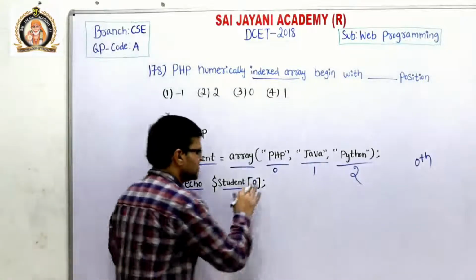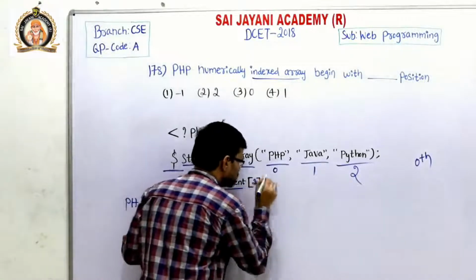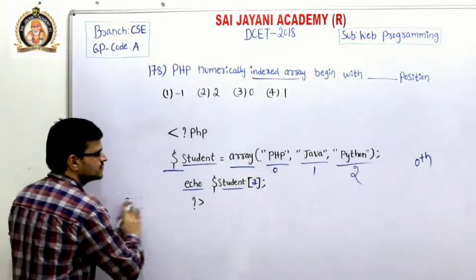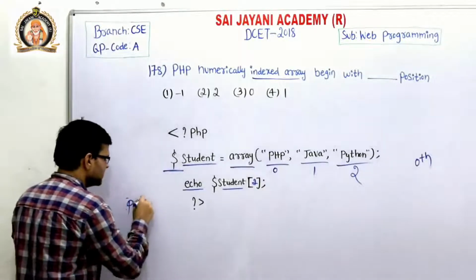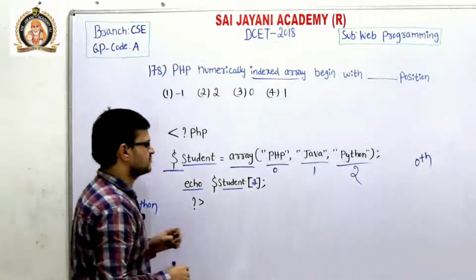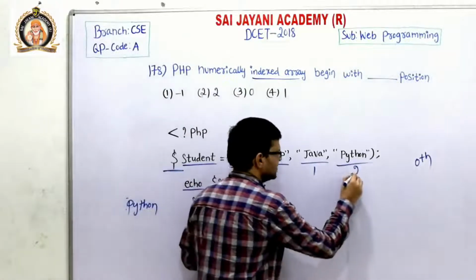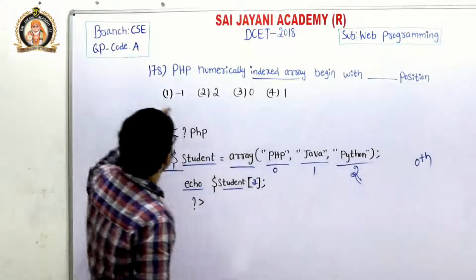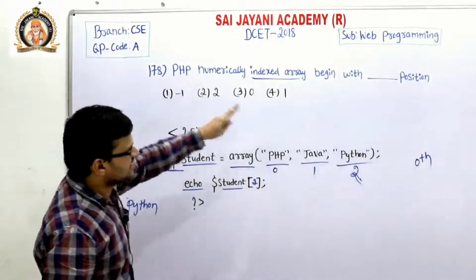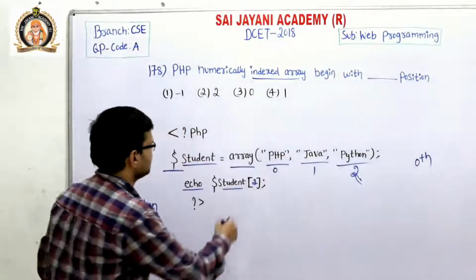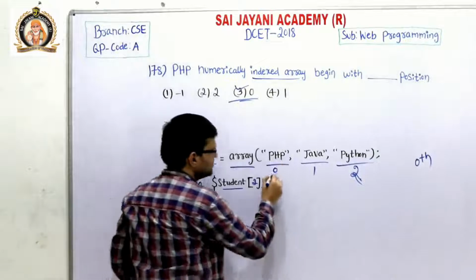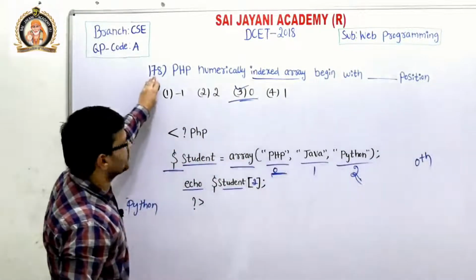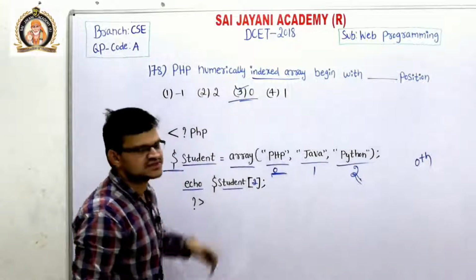Similarly, when you write 2 inside the square bracket, you get Python at the output, because 2 is the position for the third array element. So a PHP numerically indexed array begins with the 0th position. It always begins with position 0. Question number 178, the third option, 0, is the right answer.